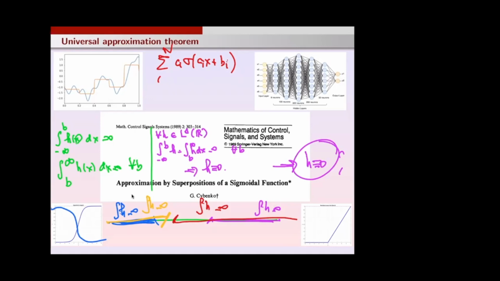Any hint? How can I do it? Well, you can use the Lebesgue differentiation lemma, right?